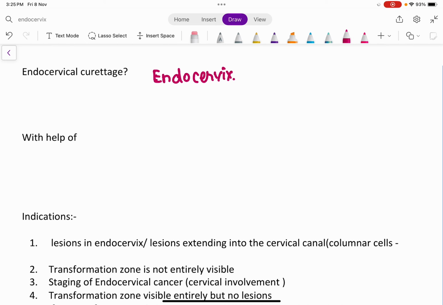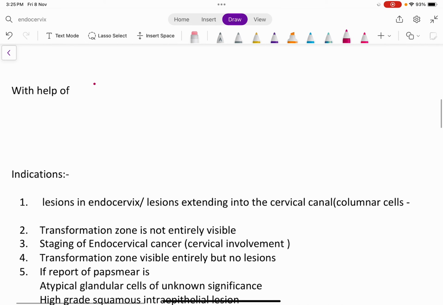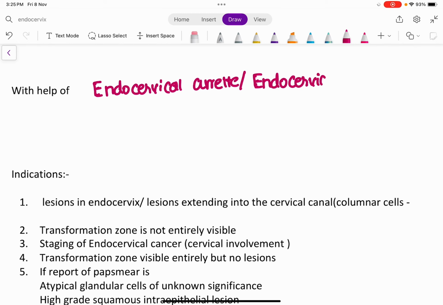So this is the procedure of endocervical curettage, with the help of an endocervical curette, or you can also use an endocervical brush as well.